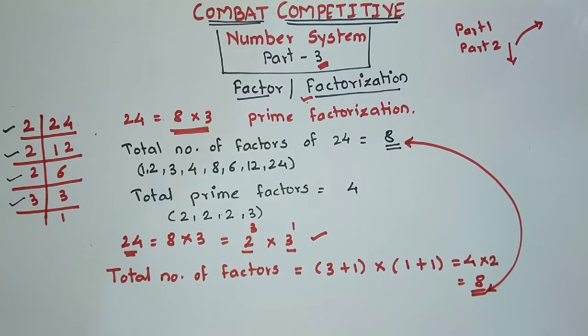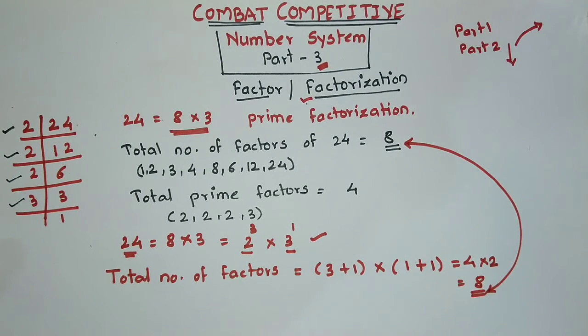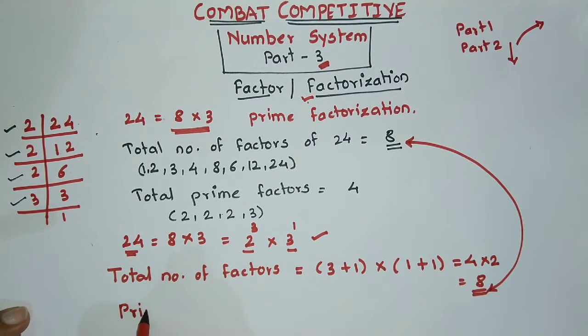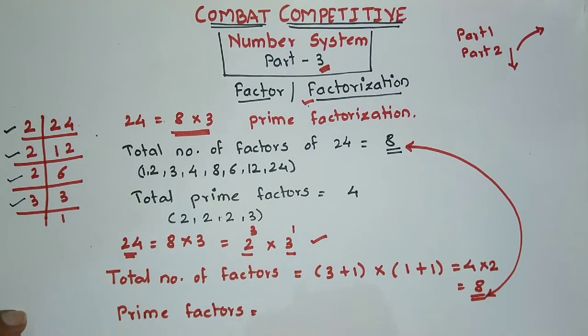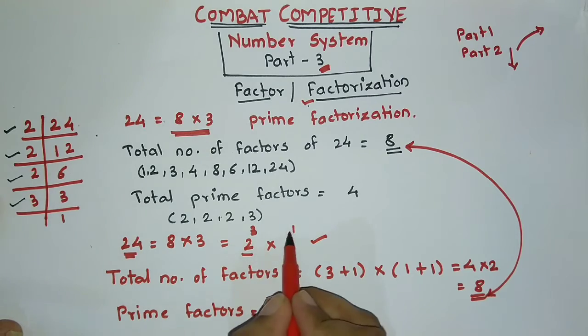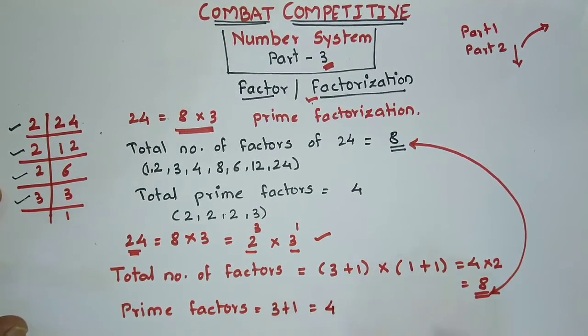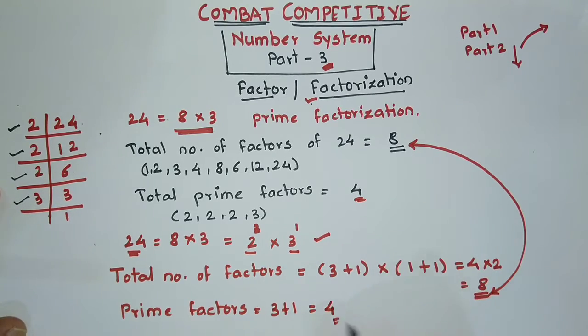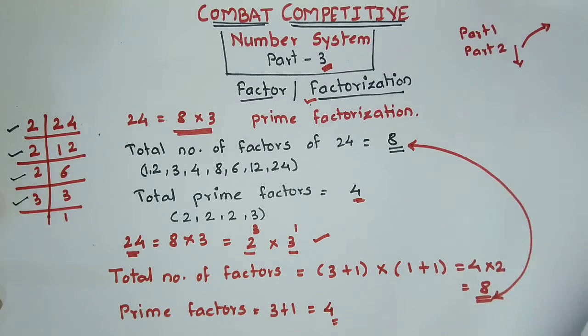We can directly find it like this without doing the traditional factorization. Now, prime factors. What about prime factors? We will get the total number of prime factors by adding the powers of these prime numbers. That is 3 plus 1, which is nothing but 4. Here we got it. I hope you understood this.